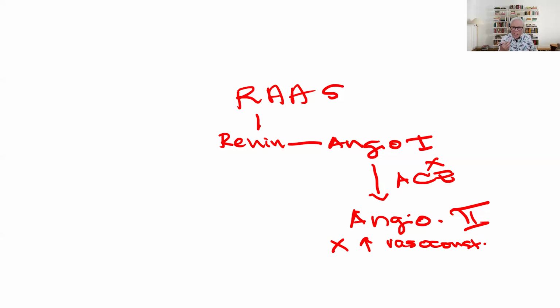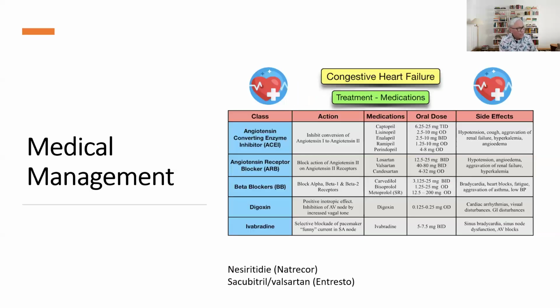Okay, so these are ACE inhibitors. They slow down the progression of heart failure, they improve the exercise tolerance of the patient, and they also are going to promote vasodilation. And therefore, it's going to be very useful for these patients.